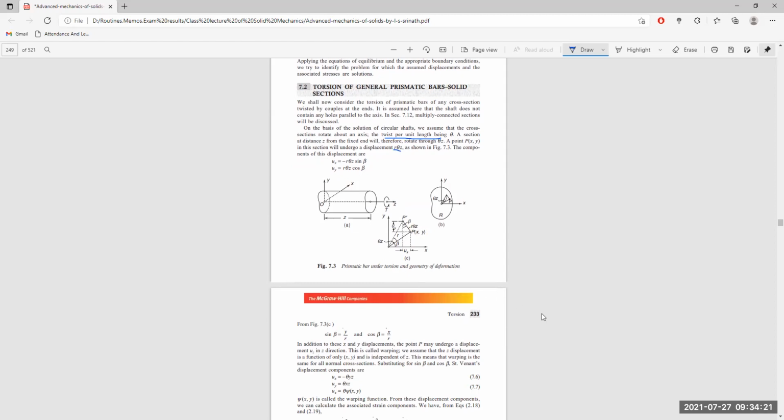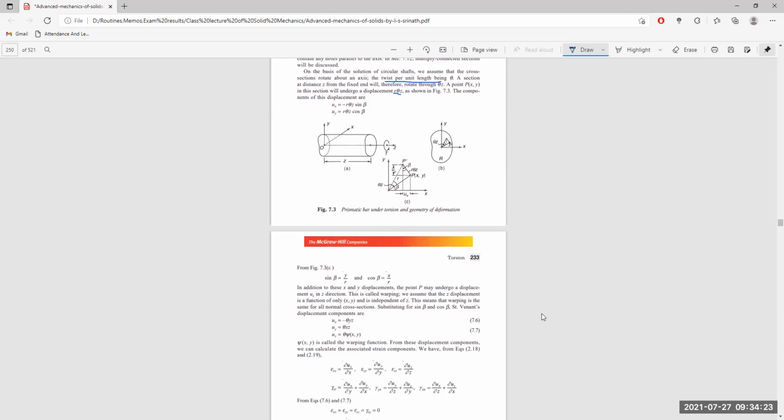In addition to the x and y displacements, the point P may undergo a displacement in the z direction, which is called warping. The z direction is the direction along the longitudinal axis of our tube itself.